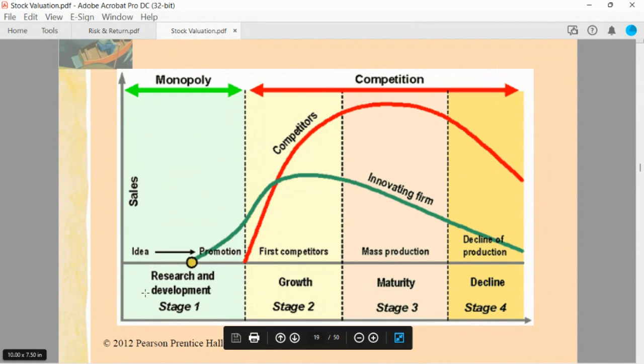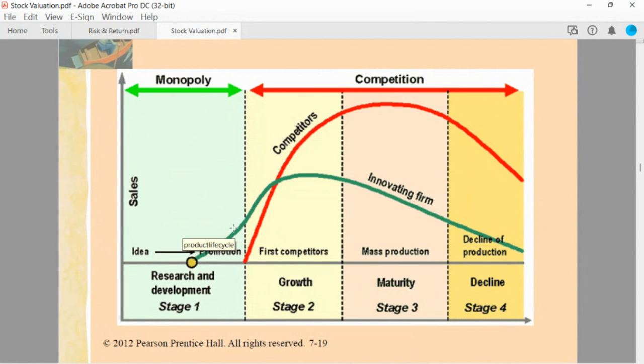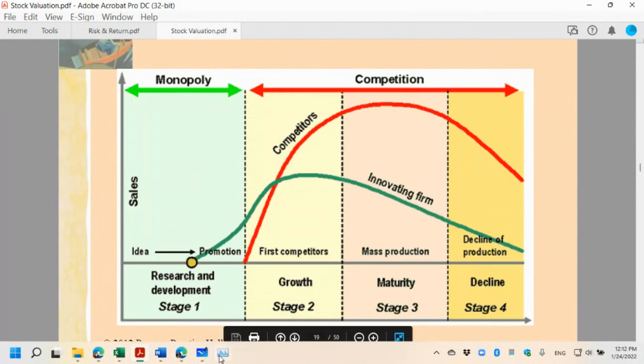Of course, it was born out of research and development, and then during that period, it takes off because there are no other competitors. It was the only company, so its sales revenue takes off in an almost explosive pattern.